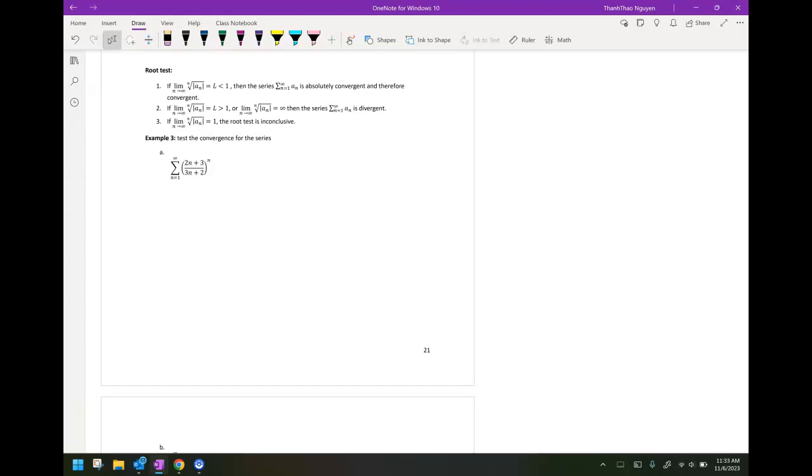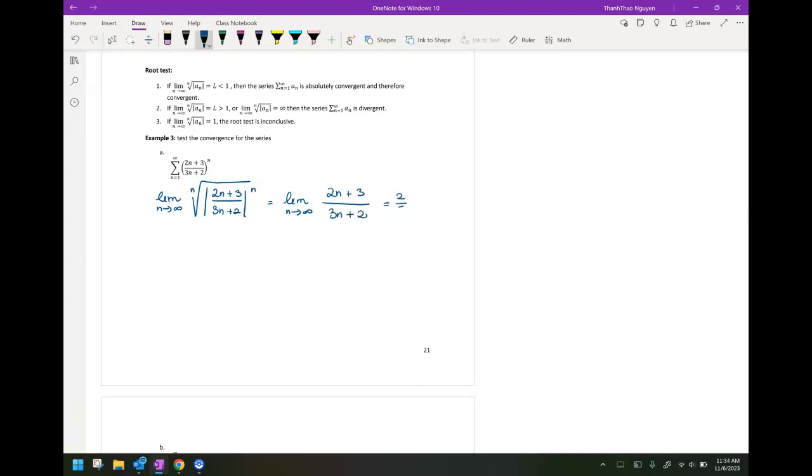So let's take a look at the limit as n approaches infinity of the nth root of the absolute value of 2n plus 3 divided by 3n plus 2, all to the n. This equals the limit as n approaches infinity of 2n plus 3 divided by 3n plus 2.